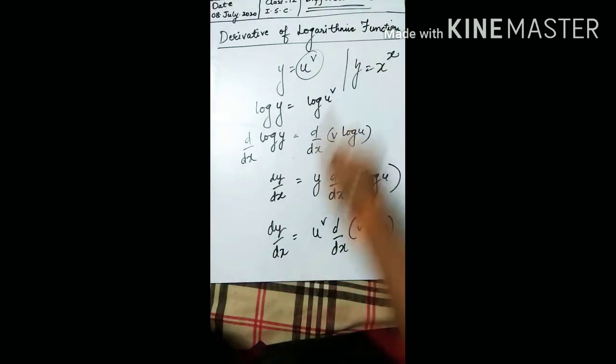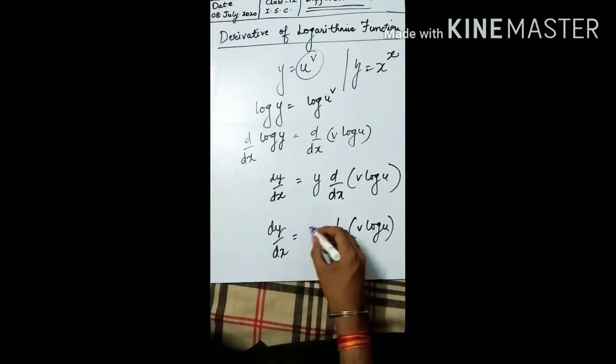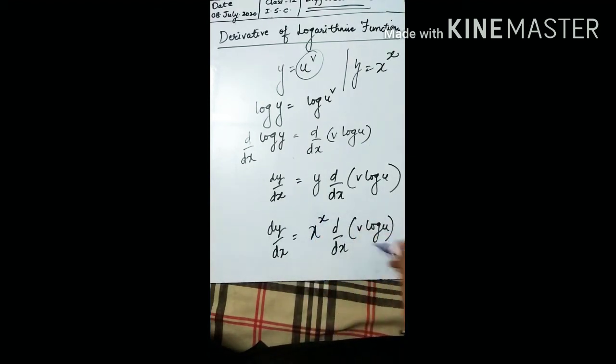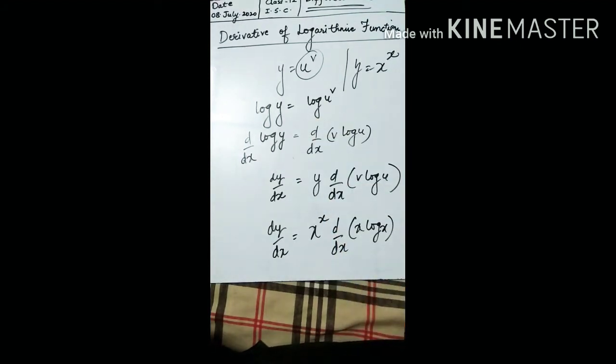So directly we can say that dy/dx will be x to the power x times d/dx of x log x. Now you just have to do the product rule over here, and finally you will get the answer. So this is the proof they were explaining.